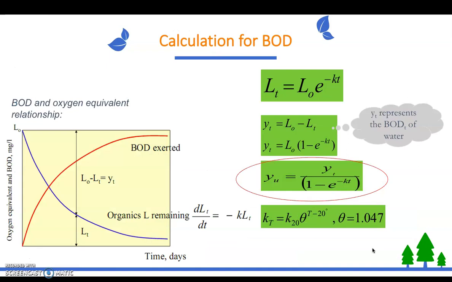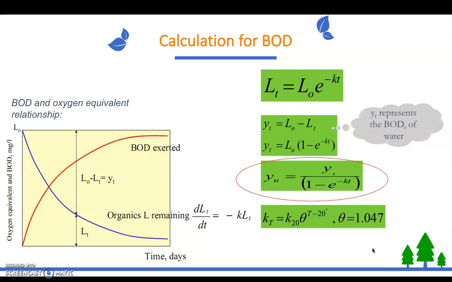The important part is how to calculate BOD for a water sample. The most important equation is the one circled in the example. YU is the ultimate BOD value, and YT is the BOD you want to calculate at a certain day T, like the 5th, 3rd, or 8th day.